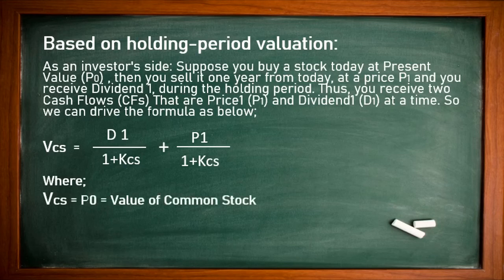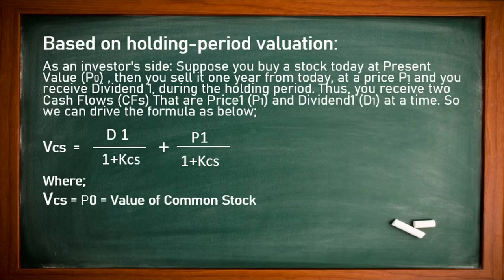As you know, VCS we can also reflect as P0, as we said that any value we can represent with P. So whenever we are calculating any value, we use the word P. Here 0 reflects year 0, so VCS and P0 are both the same value.